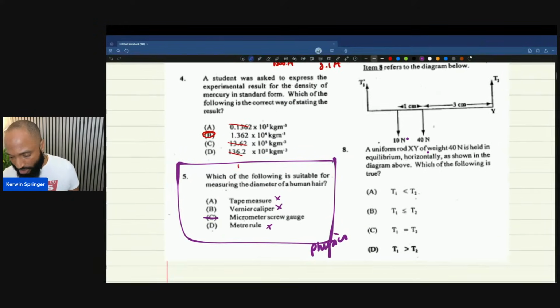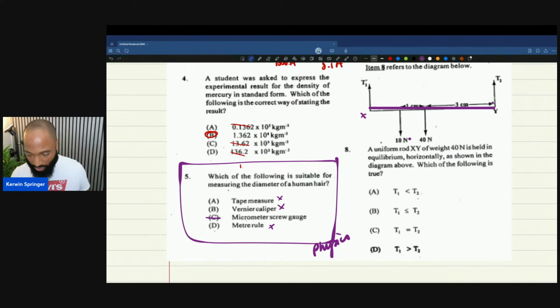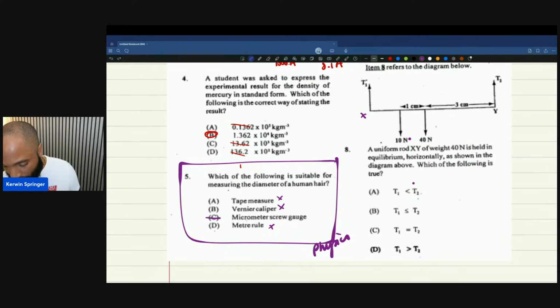A uniform rod X, Y holds a weight of 40 newtons. So we'll do some physics paper 2 as well. As shown in the diagram, which of the following is true? Is T1 less than T2, T1 less than or equal to T2, T1 equal to T2, or T1 greater than T2?